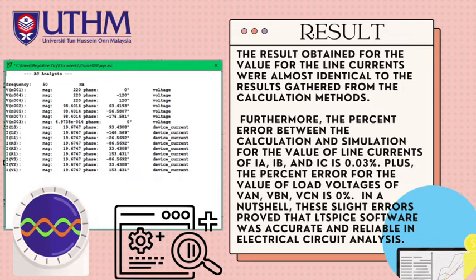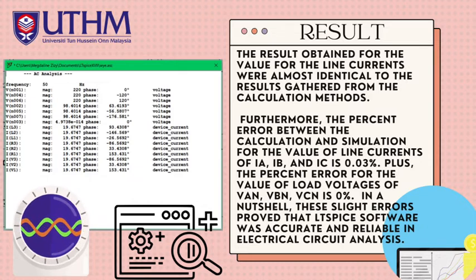IB is 19.68 with angle negative 146.56 degrees ampere. And IC is 19.68 with angle 93.44 ampere.